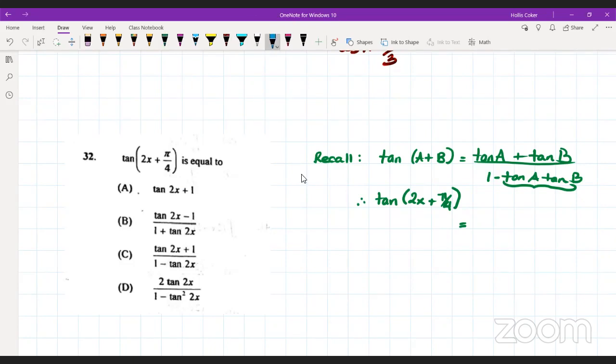So I was telling you that you should recall that the tan of 45 degrees, which is the same as tan of pi on 4, is always equal to 1.